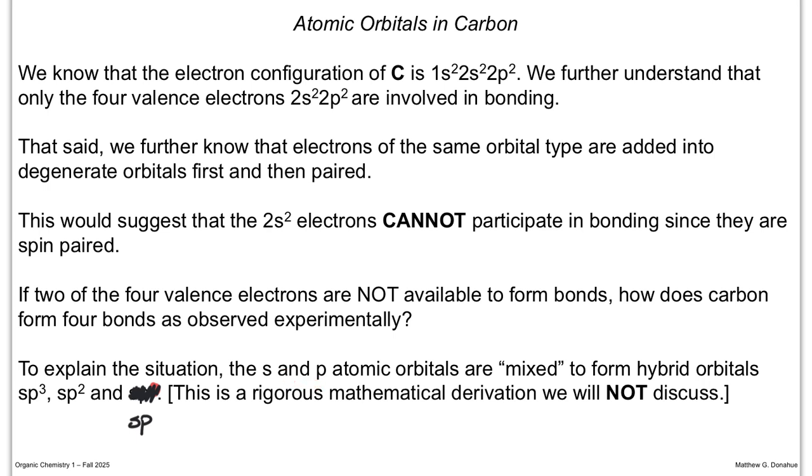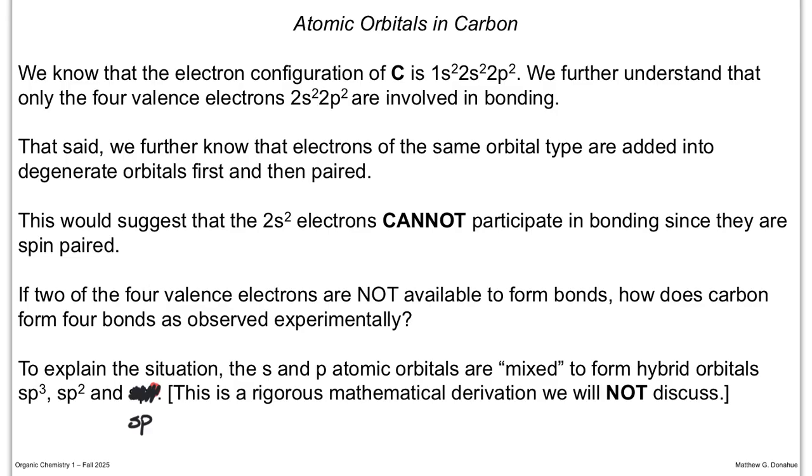And so in this term, we just say hybridization. So in math, there are different functions and operations you can do with equations, and the outcome of that are these molecular bonding orbitals that we can use that better describe things.